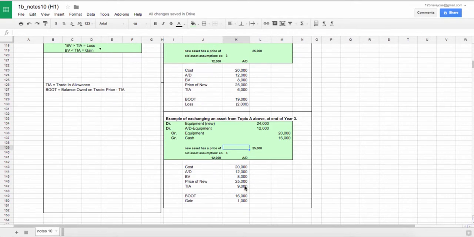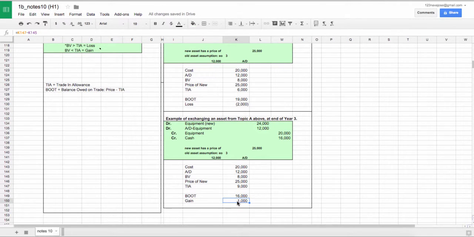And finally, the same sort of example here, except that in that case you get a trade-in allowance of 9,000, which gives you a gain. If you don't have commercial substance, then you cannot book the gain. That's why you don't see a gain in here. And so you're going to reduce the price of the new asset by the amount of the gain.